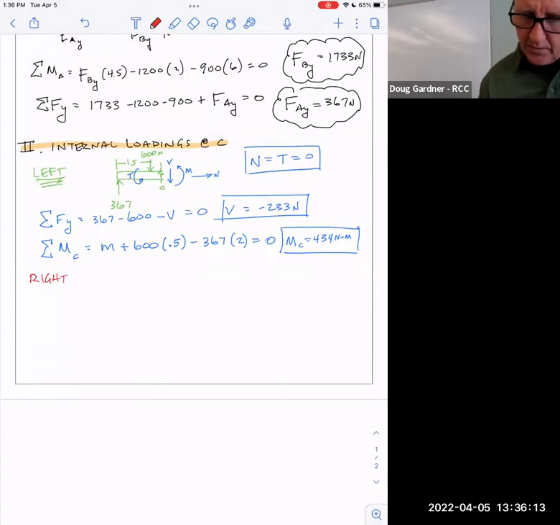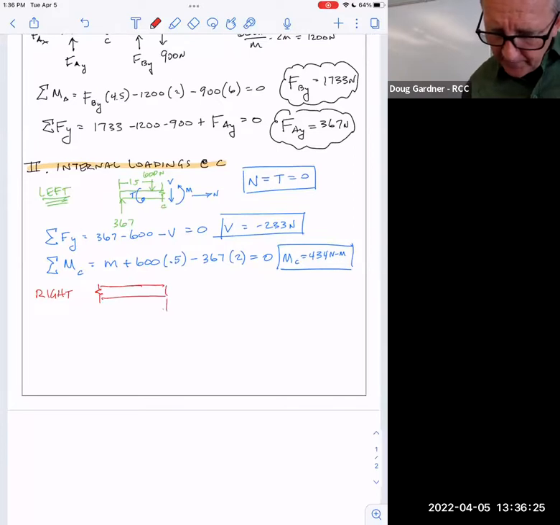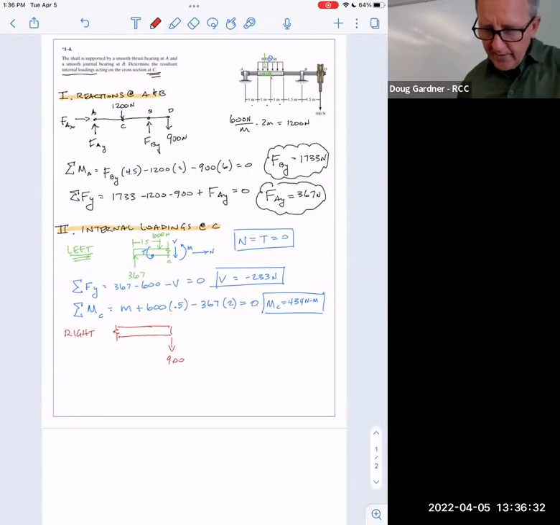What about the right side? Well, what's the free body diagram look like on that side? Well, we'd have our cut over here. And we've got 900. Remember, the left side didn't even know there was a 900, right? Didn't even know that was there. We've got 900 there. We've got that force of B pushing up, which we figured out a while ago was 1733.